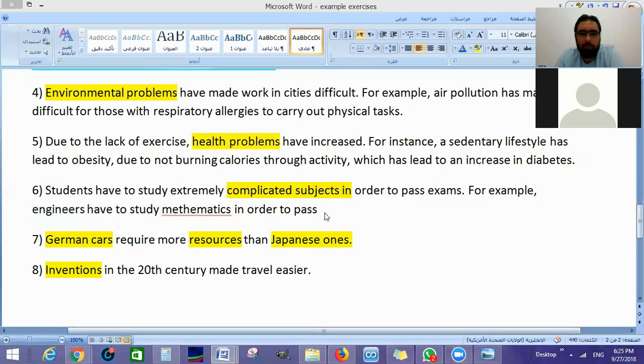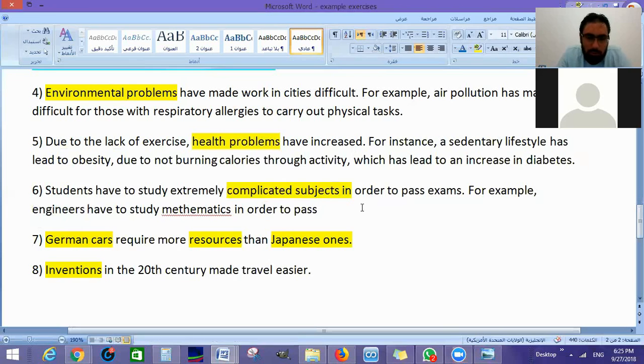Okay, so we could say, for instance, sedentary lifestyle has led to obesity.